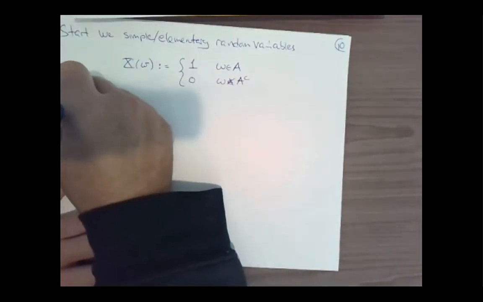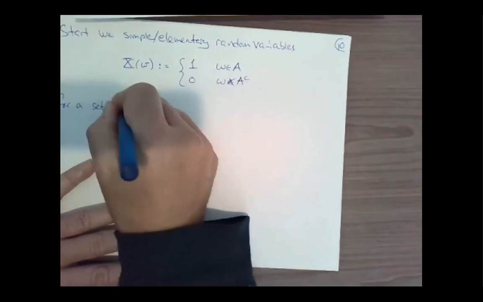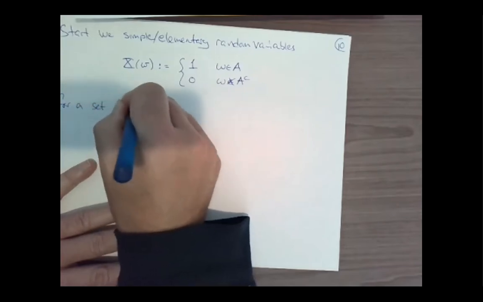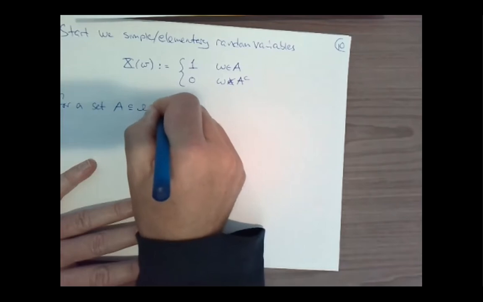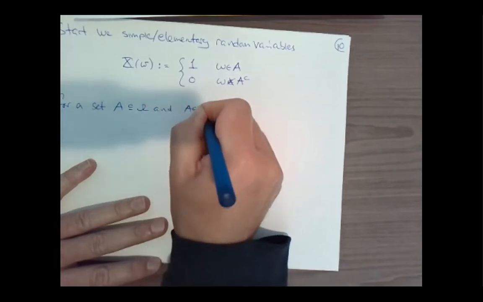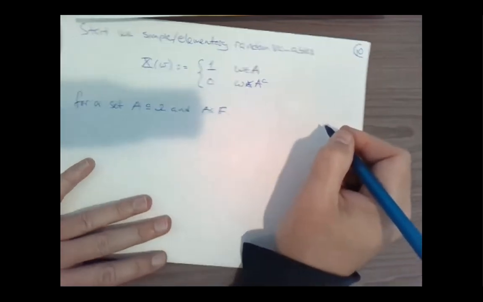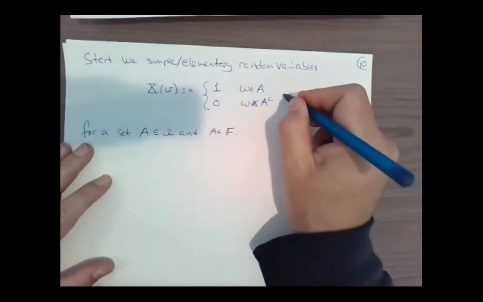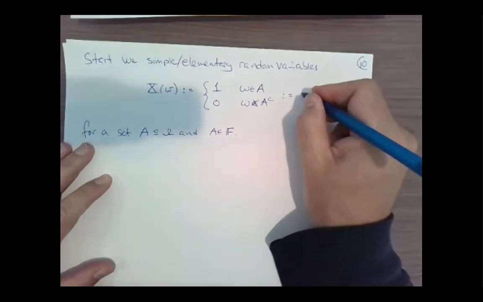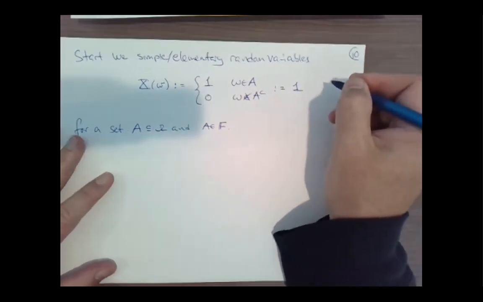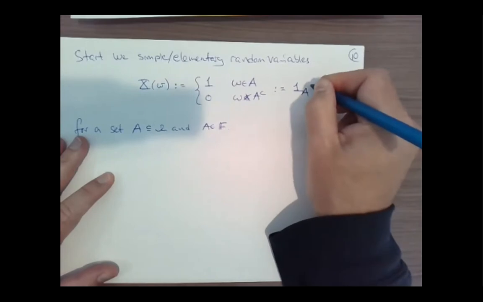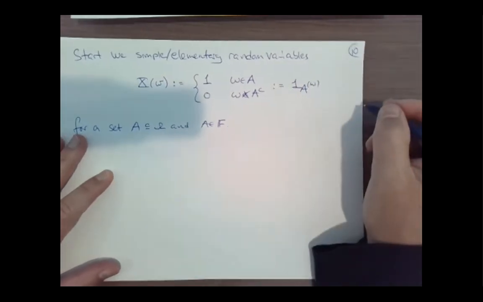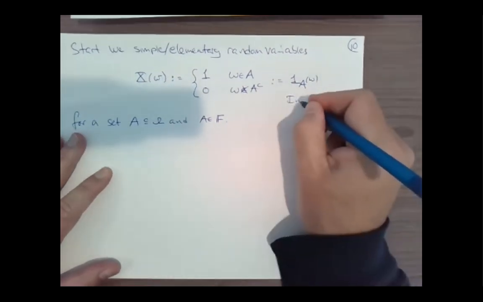This is for a set A inside omega, and A belongs to F. Start out with these, and this is very often denoted by the indicator. So this is 1_A of omega. This here is the indicator.